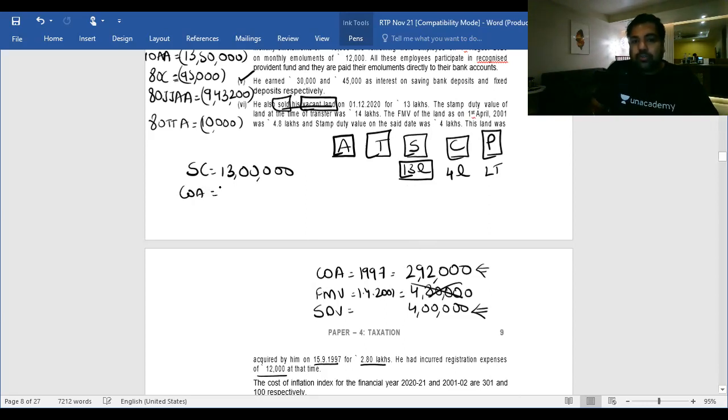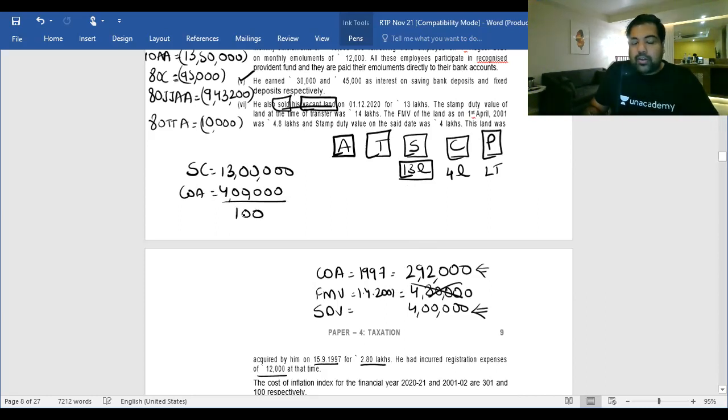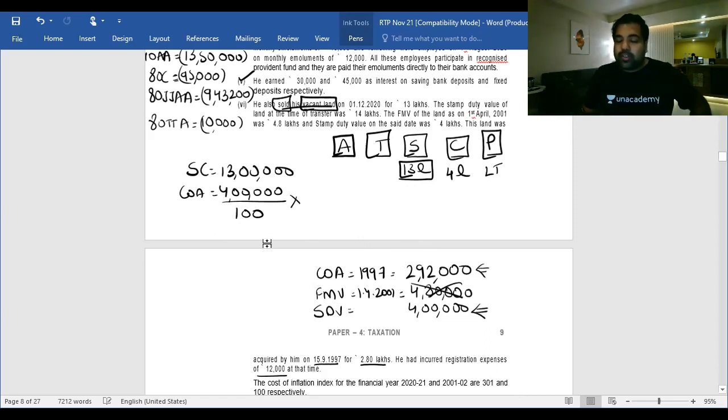Cost of acquisition is 4 lakh, but we have to index it. Index it, divide by 100. That means the year you bought it, or 2001, whichever is later. Basically, you cannot take indexation before 2001.